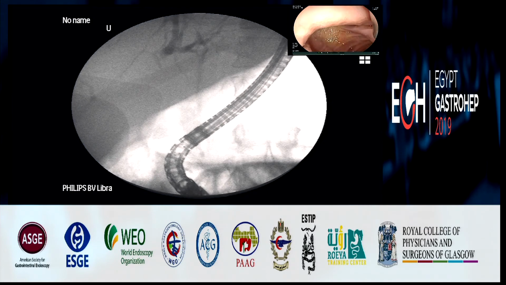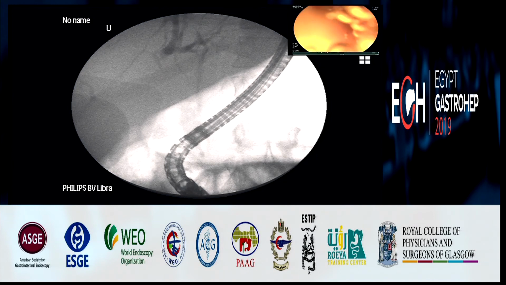But there was no stricture in the intrahepatic ducts. And even the guide wire did not pass through the common hepatic duct freely. No, we cannot hear you. Yeah, we cannot hear you.